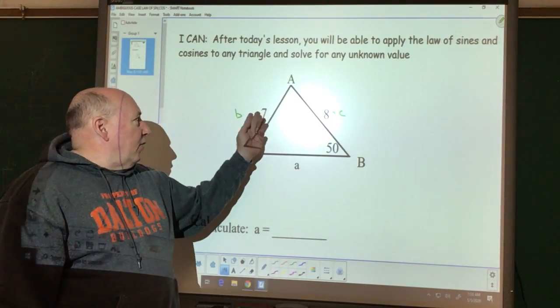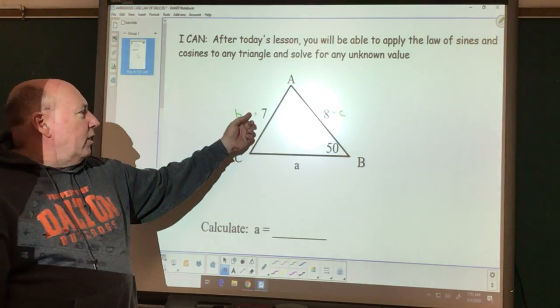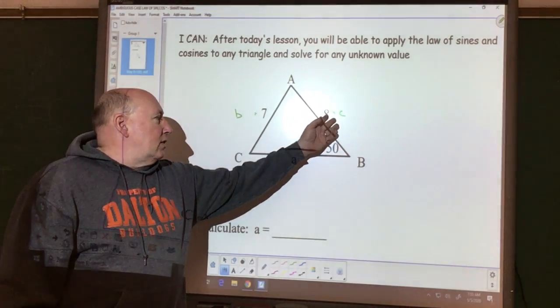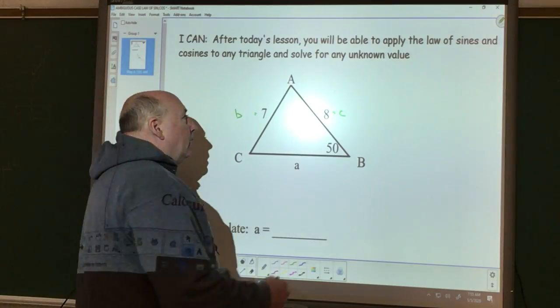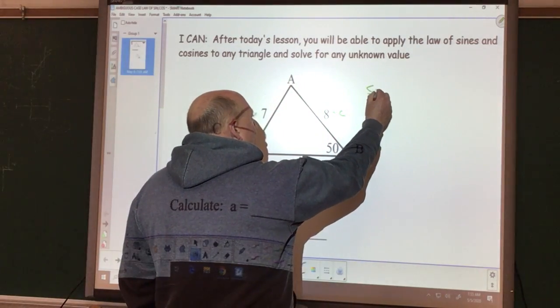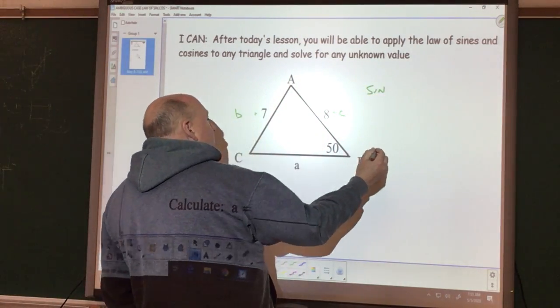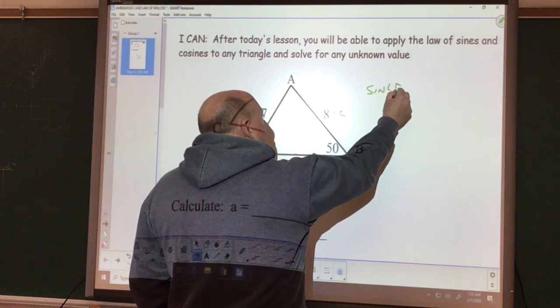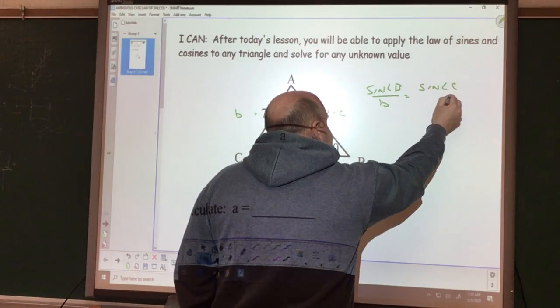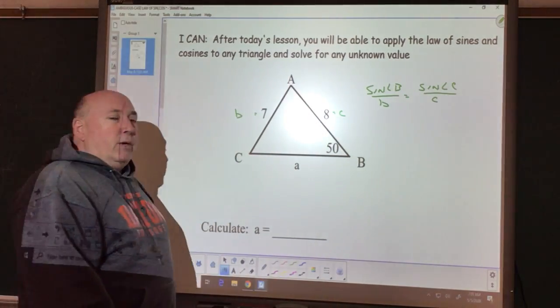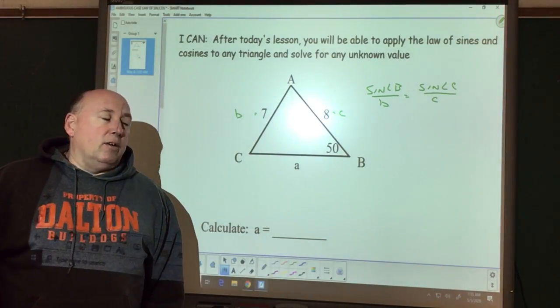But if I know angle B and I know little b, and I know little c, I can find angle C by using the law of sines. So if I have the sine of angle B over little b, this is going to equal the sine of angle C over little c. This is what we talked about yesterday with respect to law of sines.